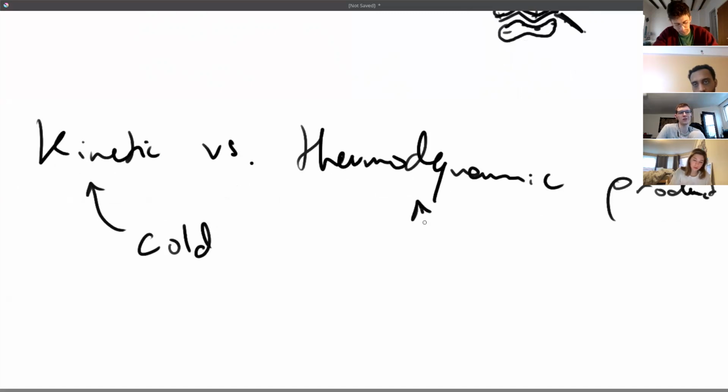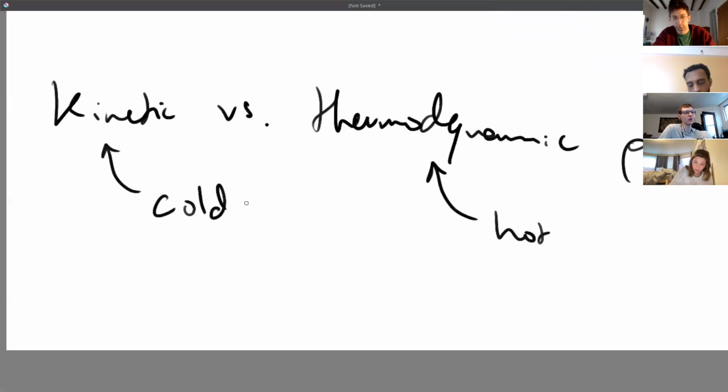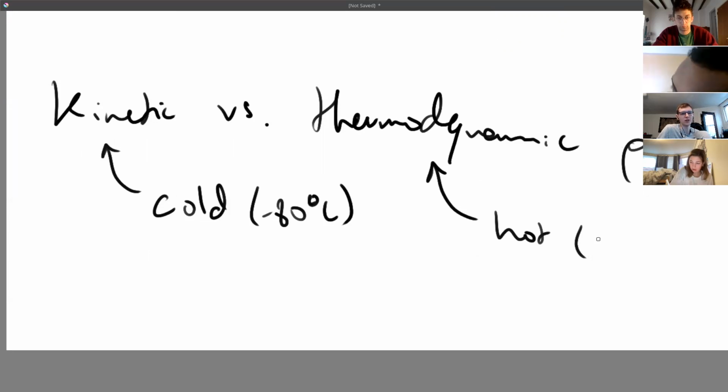In contrast, thermodynamic means that you do things while it's hot, right? And cold in organic chemistry means minus 80 degrees Celsius. Hot means anything comparable to room temperature, so above, I don't know, 40 degrees Celsius, or really anything around room temperature.